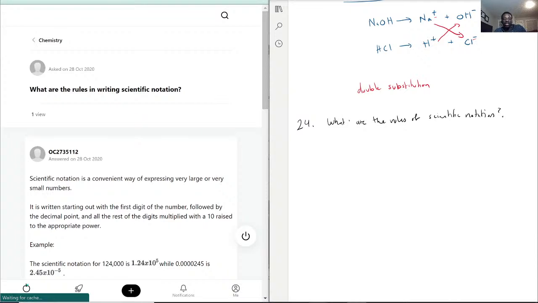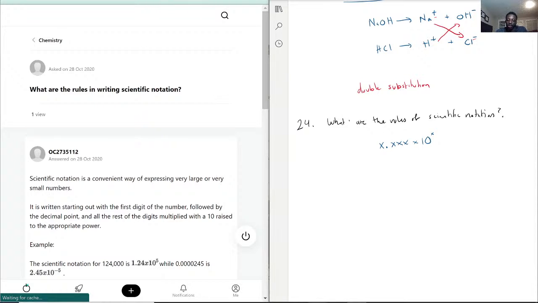The simple breakdown of scientific notation is that you want to have a number, x point something, where the x's are just placeholders, times 10 to the power of x.